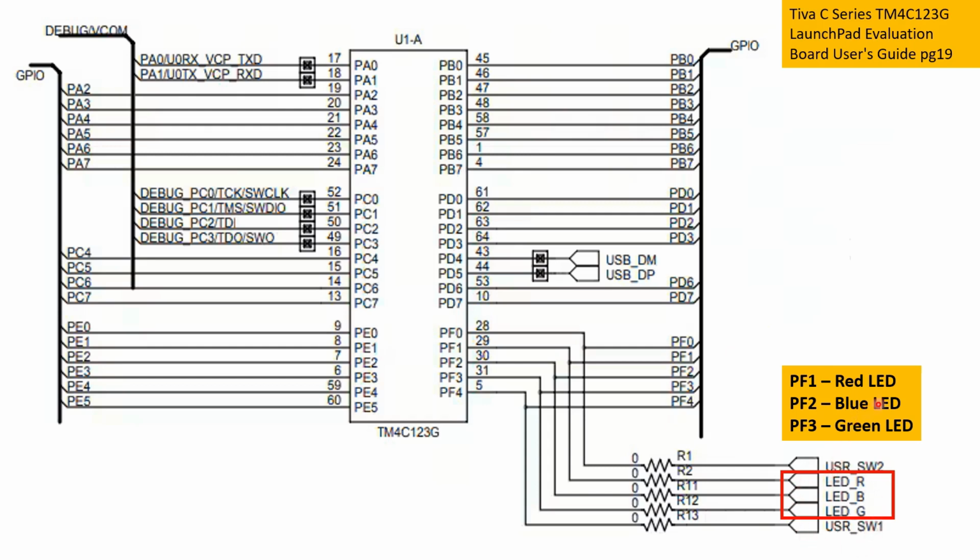The red LED, which is this one here, is connected to PF1, that is port F bit 1. And then the blue LED is connected to PF2, that is port F bit 2. And finally, the green LED is connected to PF3, that is port F bit 3.